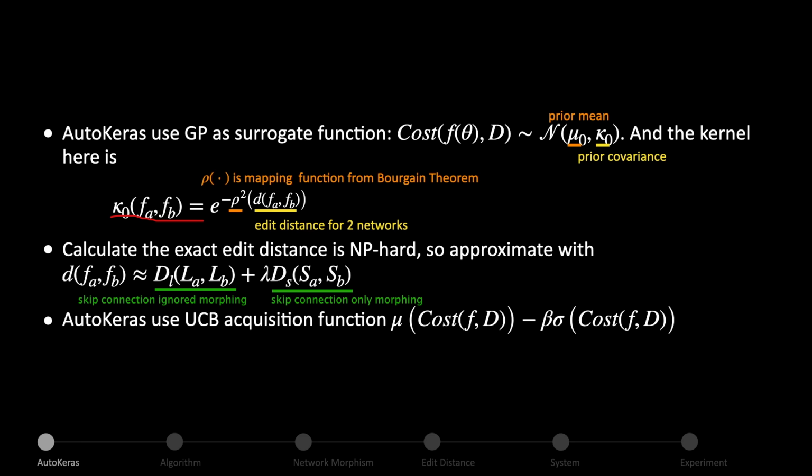The lambda here is a hyperparameter that balances these two different distances. AutoKeras uses the UCB acquisition function, where mu is the posterior mean of our cost and sigma is the posterior variance of the cost.